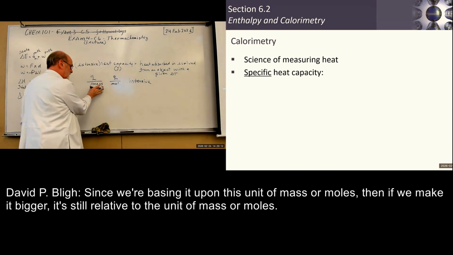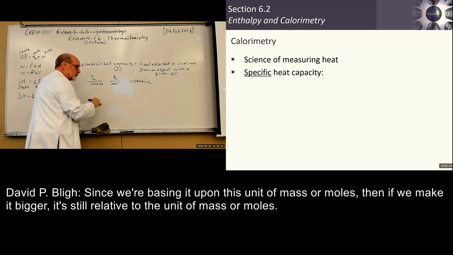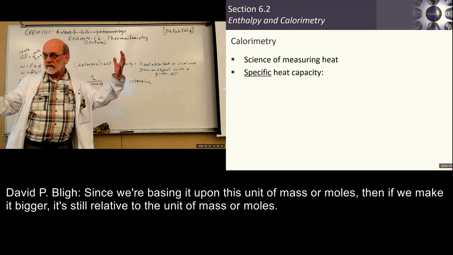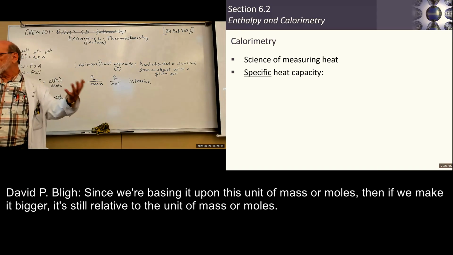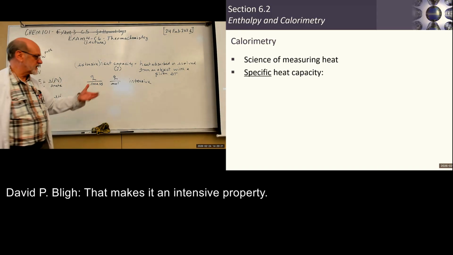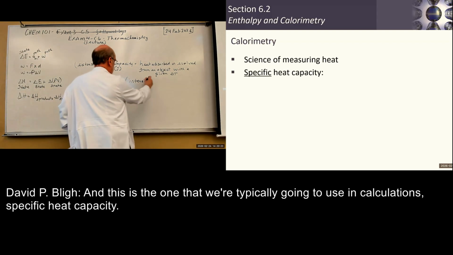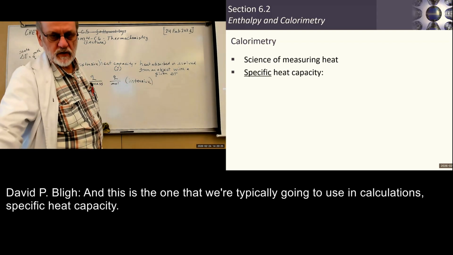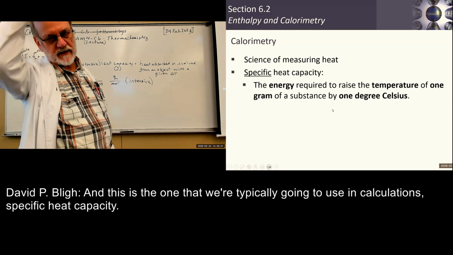Since we're basing it upon this unit of mass or moles, if we make the object bigger, it's still relative to the unit of mass or moles. And this is the one that we're typically going to use in calculations, specific heat capacity.